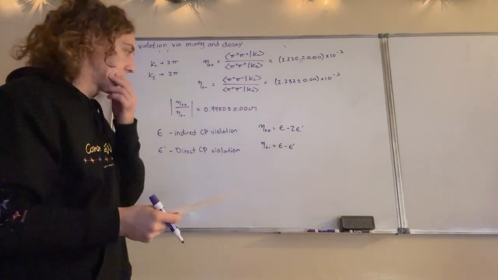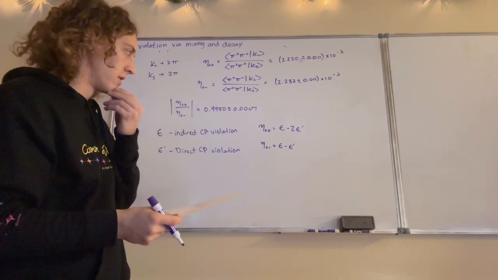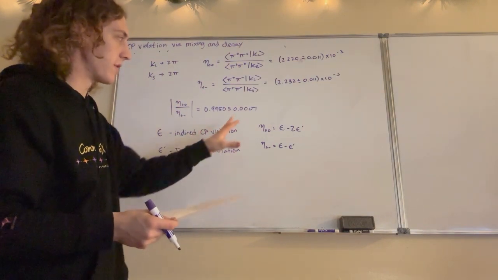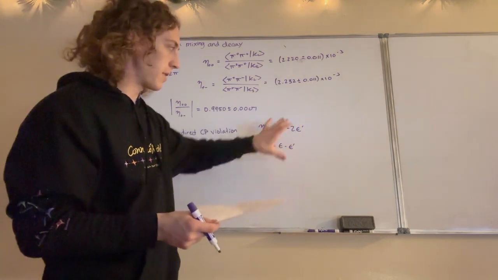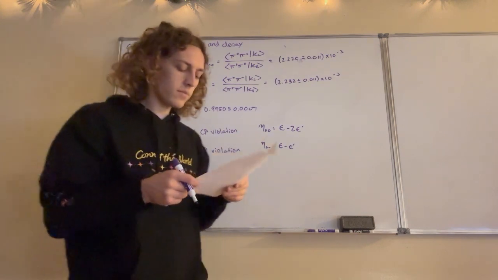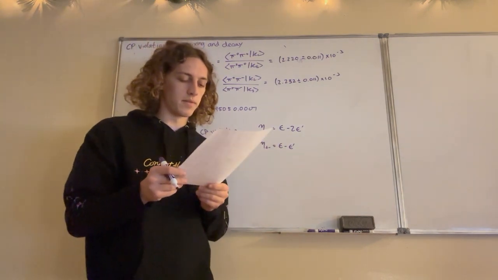So if we don't have direct CP violation, these ratios are the same, right? And they're just related to that CP violation from mixing.